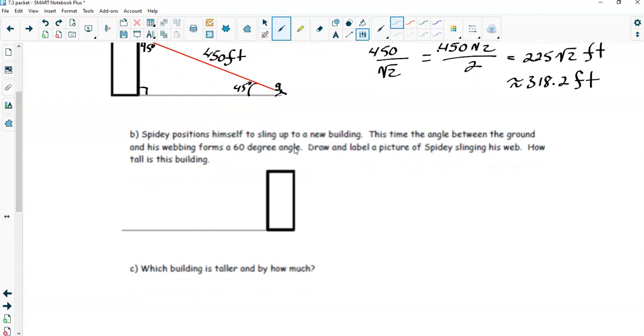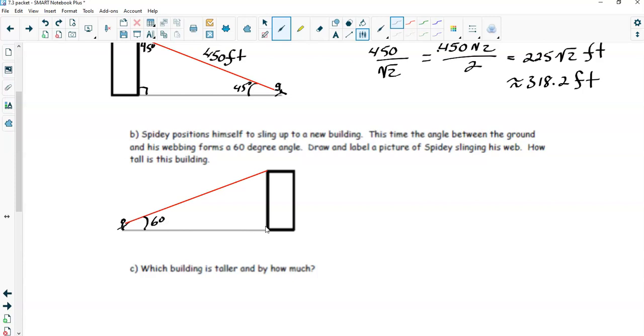Spidey positions himself to sling up a new building. This time the angle between the ground and his web forms a 60-degree angle. So now Spidey is here, and he positions himself to sling a new building. So let's see, from his hand to the new building right there. Now, this angle is a 60-degree angle.